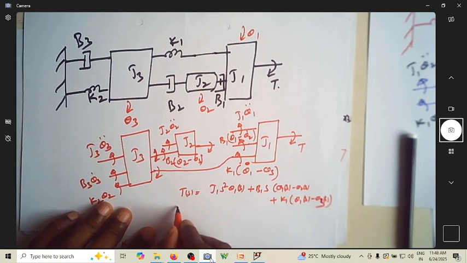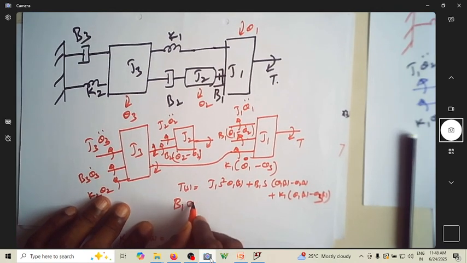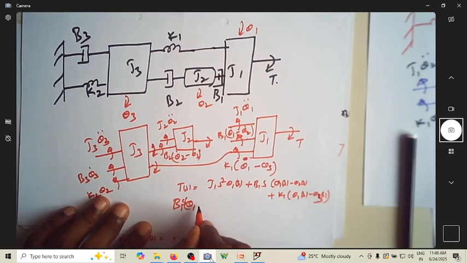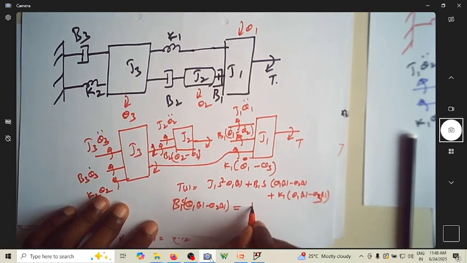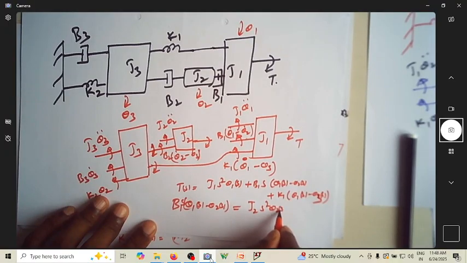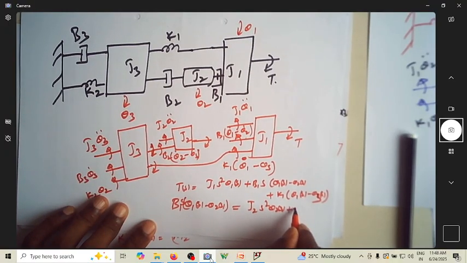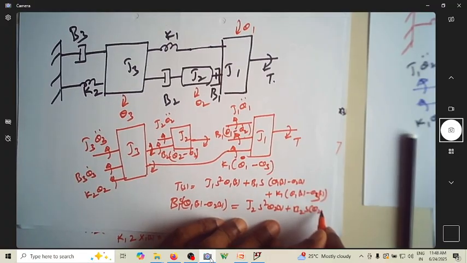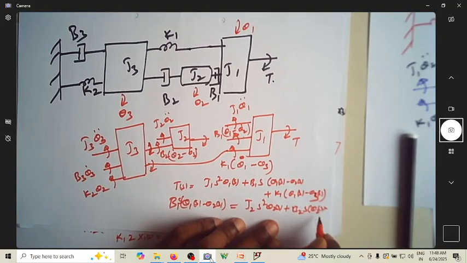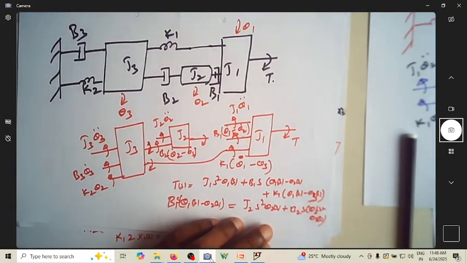The second equation is B1 S (theta 1 of S minus theta 2 of S) is equal to J2 S square theta 2 of S plus B2 S (theta 2 of S minus theta 3 of S).